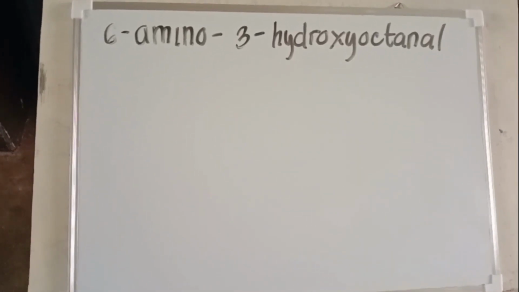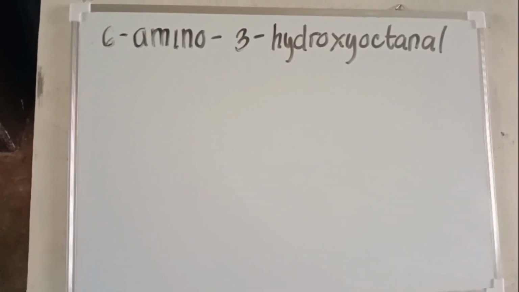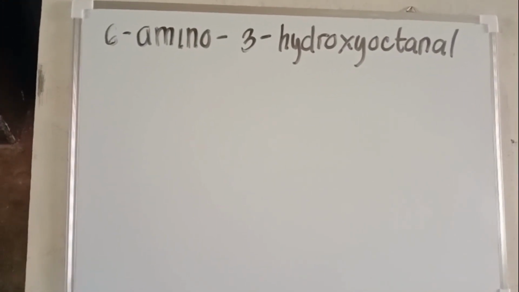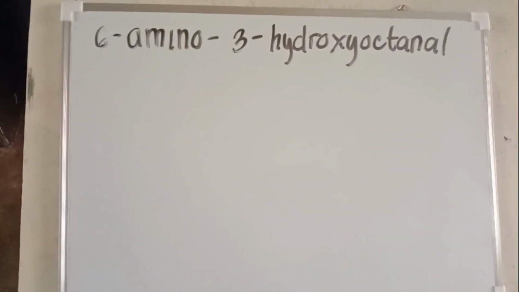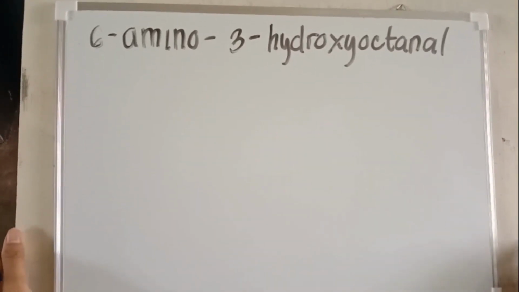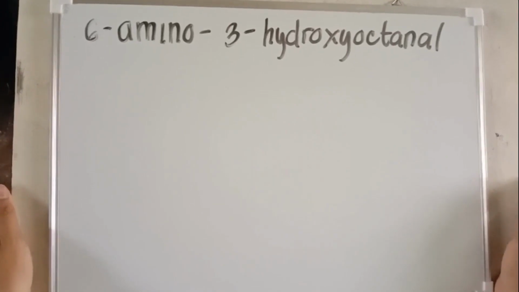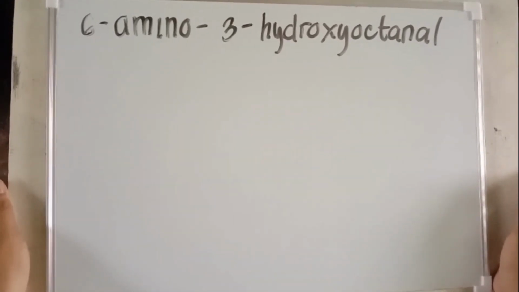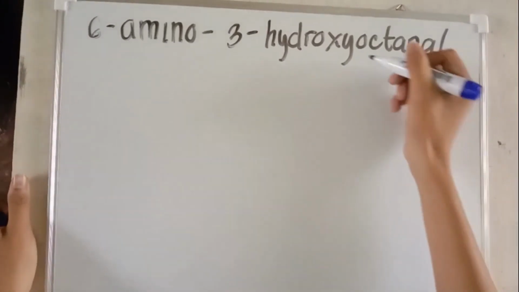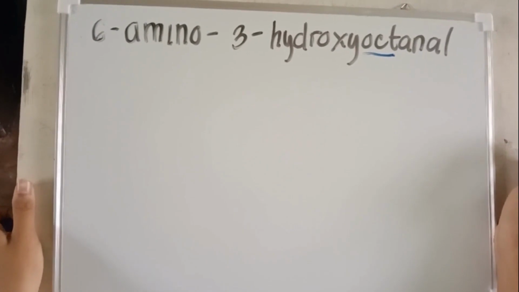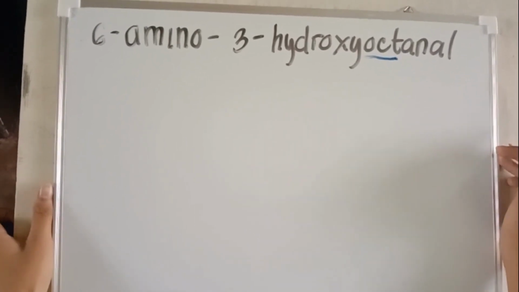Next, we are going to draw simple aldehyde-containing molecules. The given is 6-amino-3-hydroxyoctanal, and we are going to draw it in a line angle structural formula. Rule number 1 states to look carefully at the molecule name to determine how many carbons are in the main chain. Since it has the prefix oct, we must put 8 carbons, and it goes like this.